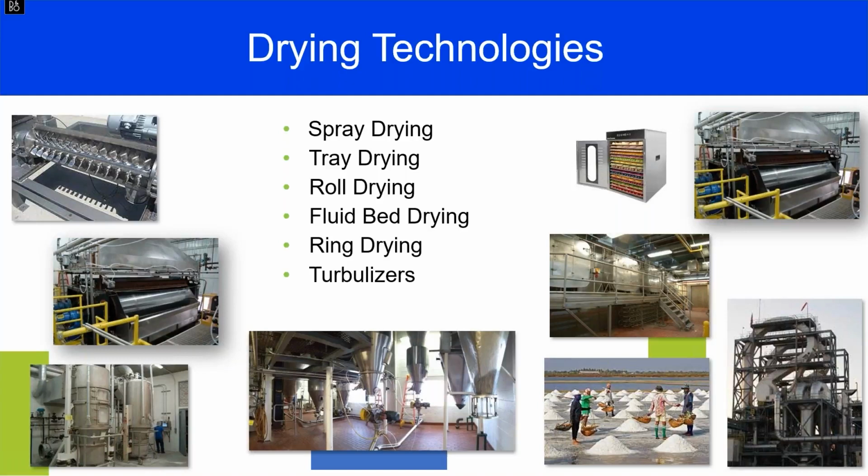The problem is that with all these drying techniques, most of us for agglomeration are using either a turbulized or a high shear type of dryer, like up in the upper left-hand corner, or fluid beds in the bottom. So even though lots of drying techniques are available, we're kind of pushed into some of these other ones. I'm sure flash dryers can be used and tray dryers can be used, but realistically, fluid beds and turbulizer type dryers are going to be the dryers that most people are going to use.